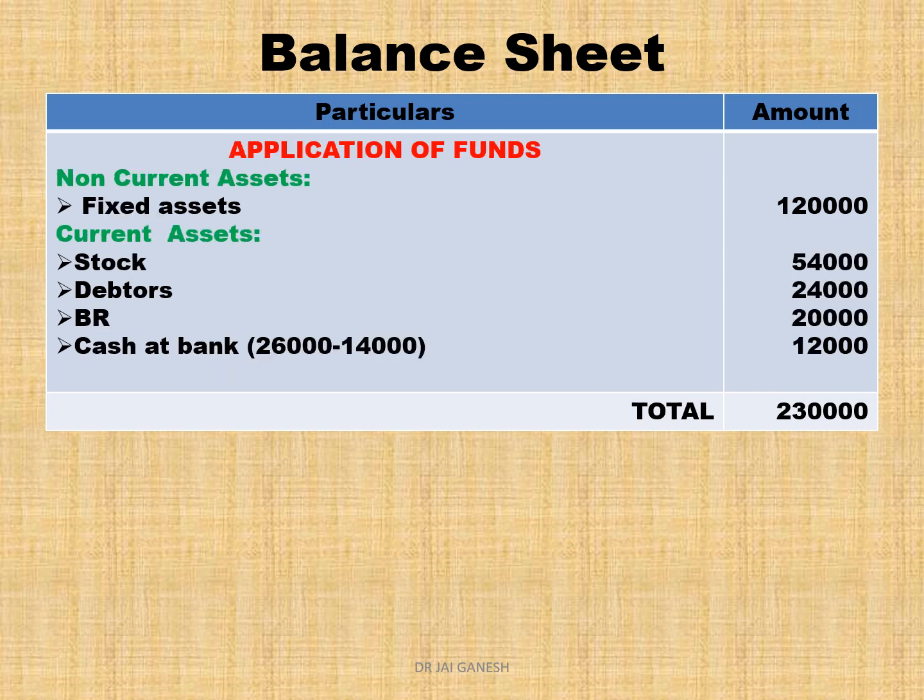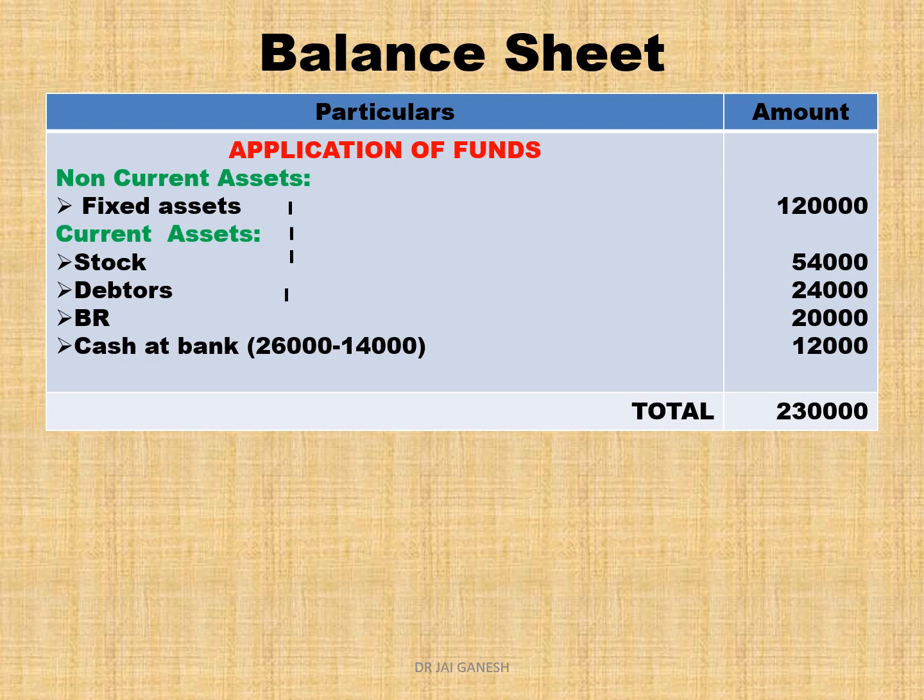Then creditors taken over called current liability 30,000. So total of the liability side is 2,30,000. Next, balance sheet asset side, application of funds. Fixed asset taken over at 1,20,000, that is 120%. Stock taken over at 90%, so it's 54,000, that is 60,000 into 90%. Debtor taken over at book value 24,000. BR taken over at book value 20,000.